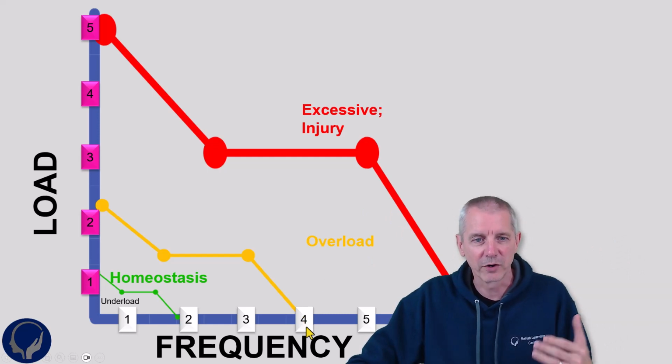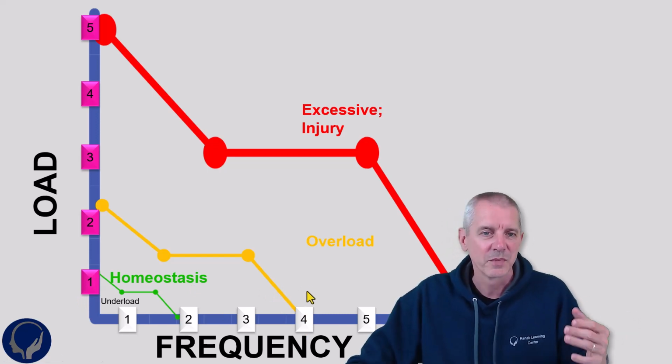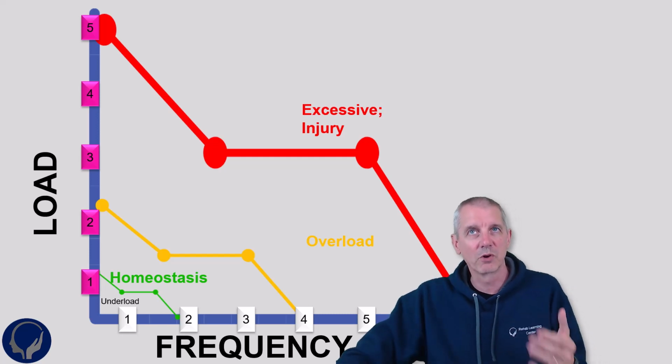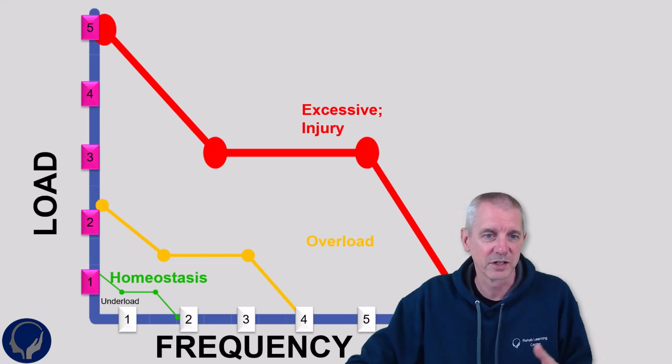Versus if I go to a frequency of 4 and stay at a load of 1, that will now get me into the zone of progressive overload. This is where you're actually going to start getting hypertrophy, where the tissue is actually growing and able to handle and tolerate increases in load.